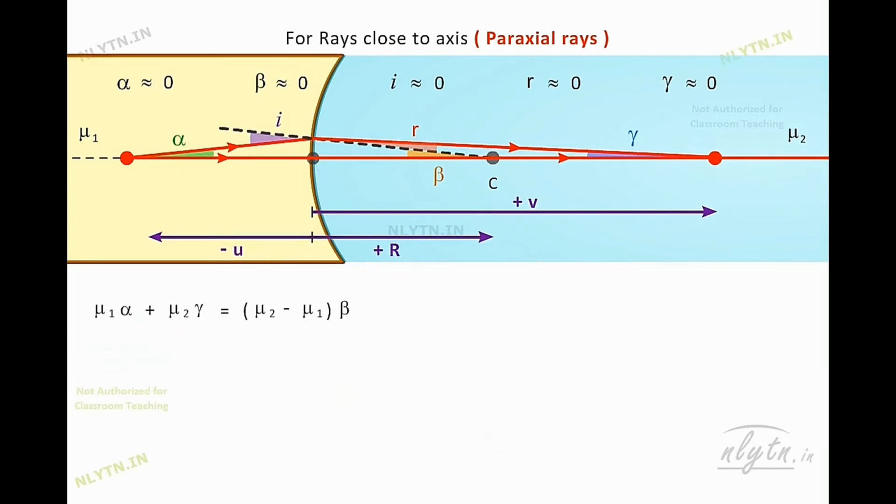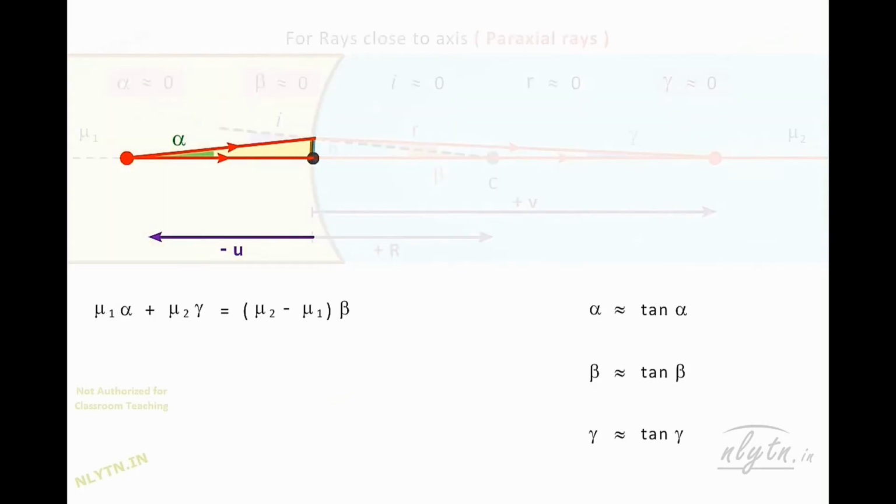Now, since the angles alpha, beta and gamma will also be very small, we can approximate them to be equal to these terms. From this triangle, alpha will be equal to this term. Note that we will use all the positions with proper signs, so that the derived equation is general and is valid for all cases.